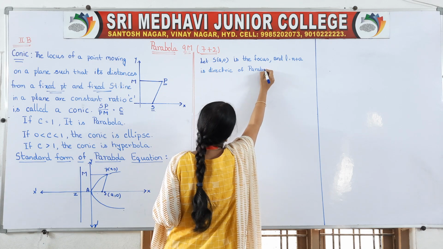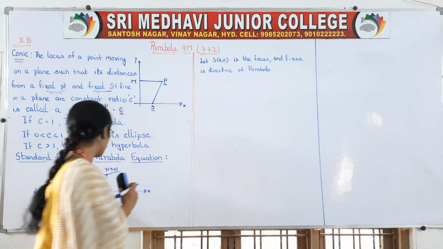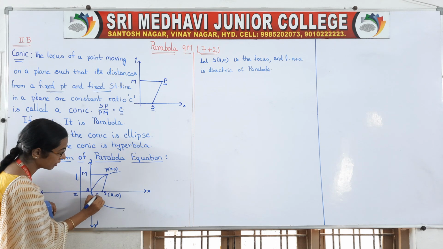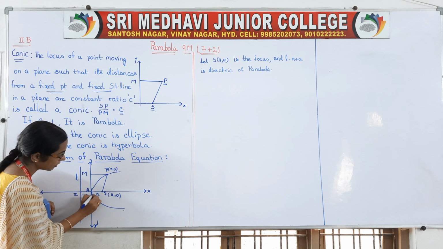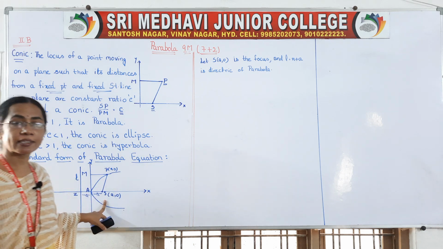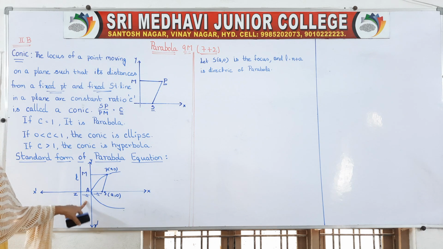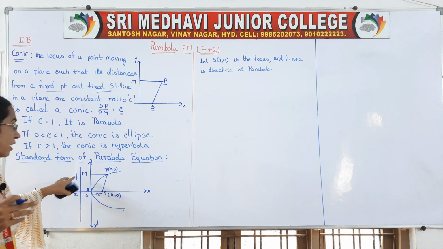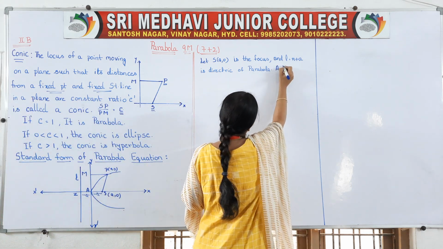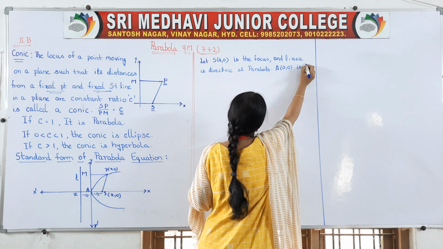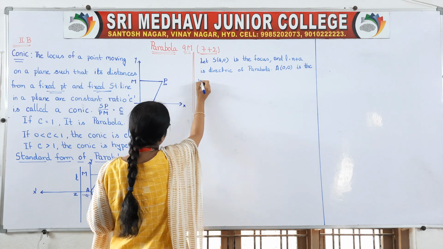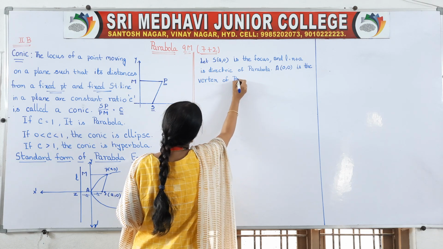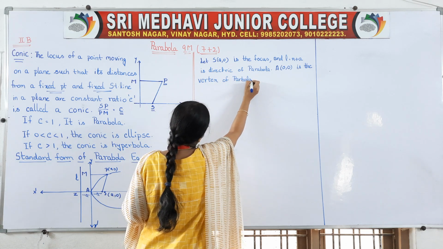So this is your description. S is the focus and L is the directrix. From the vertex to S the distance is A, and from the vertex to the directrix the distance is also A. We can write that the vertex is (0, 0) of the parabola.